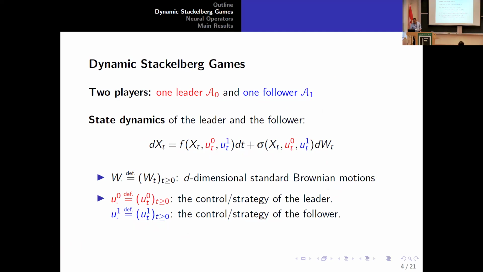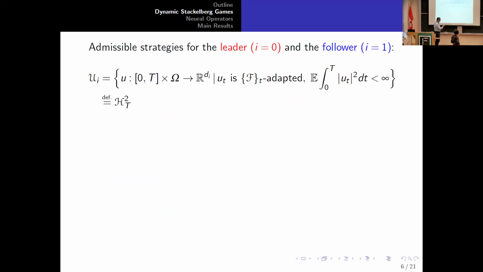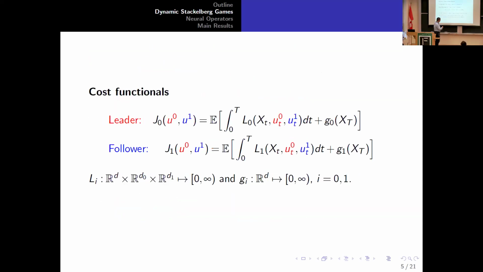Yeah, it works. The leader has a cost function like this to be minimized, and the follower has this functional form.